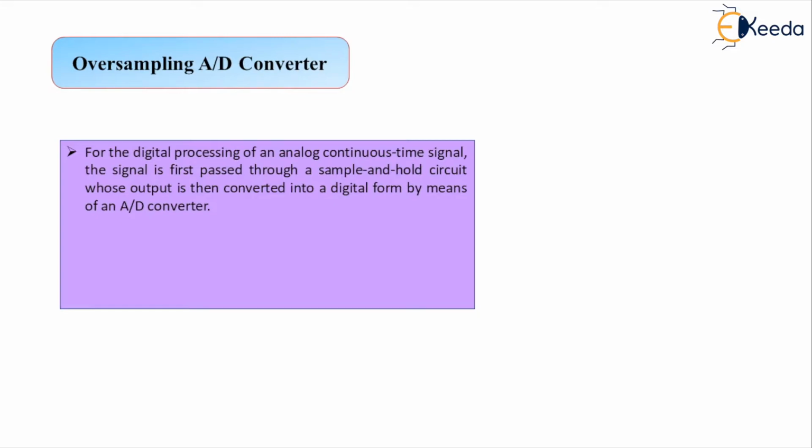Now, according to the sampling theorem, there is a requirement that the band limited continuous time signal with a low pass spectrum can be fully recovered from its uniformly sampled version if it is sampled at a sampling frequency that is at least twice the highest frequency contained in the analog signal.